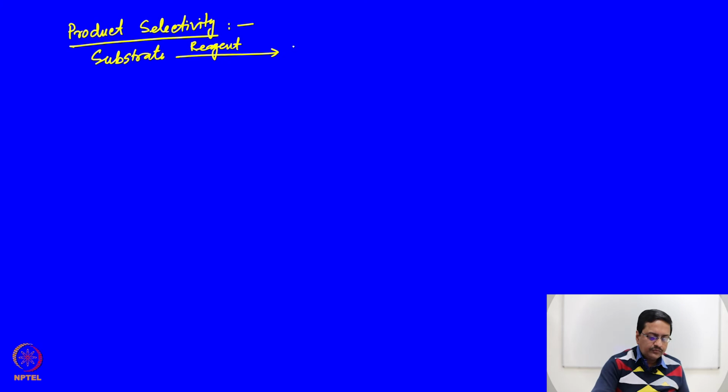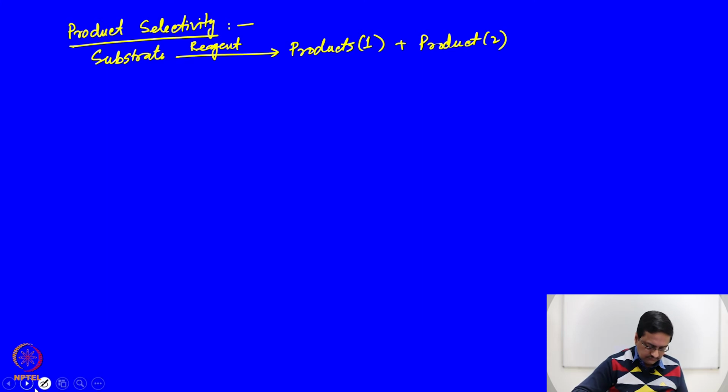You get two products, product 1 and product 2. And what you see is that product 1 is a major product and product 2 is a minor or trace product.